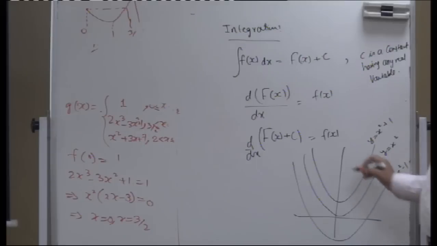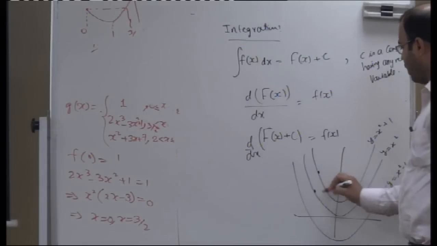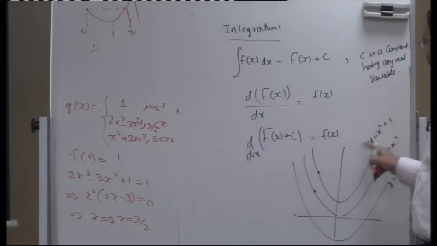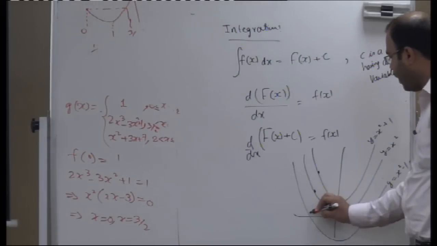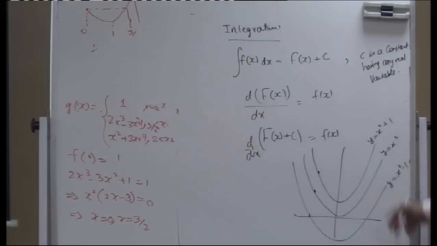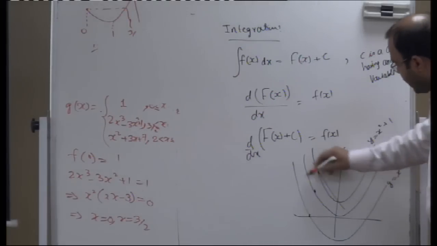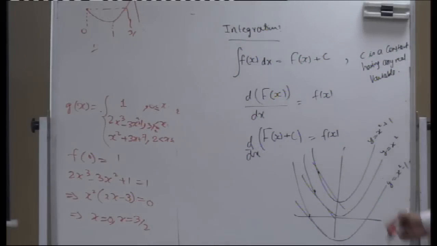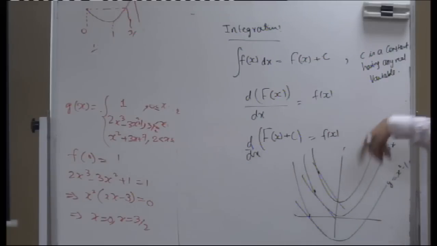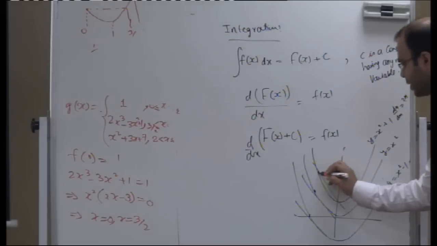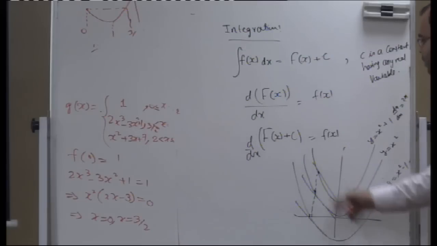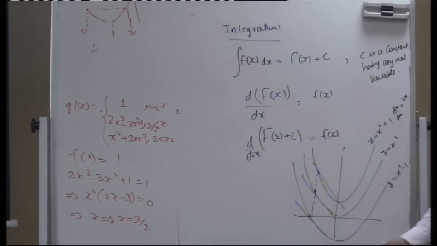So at any point (x, x square), (x, x square plus 1), or (x, x square minus 1), the slope will always be 2x. That is dy/dx equal to 2x, which depends only upon the abscissa. So if you take the same abscissa everywhere, you get the same slope everywhere, twice the abscissa. That's how the constant of integration is geometrically explained.